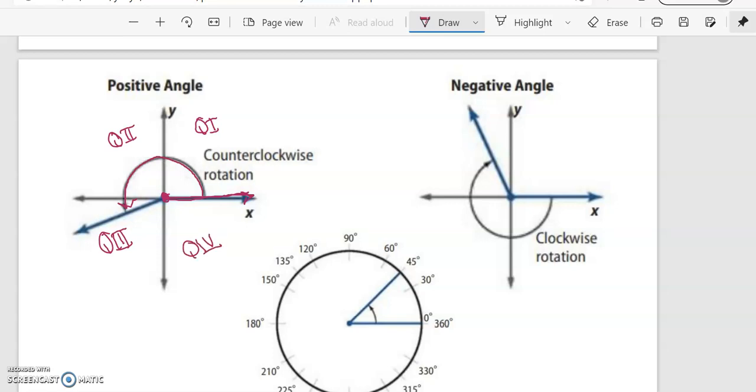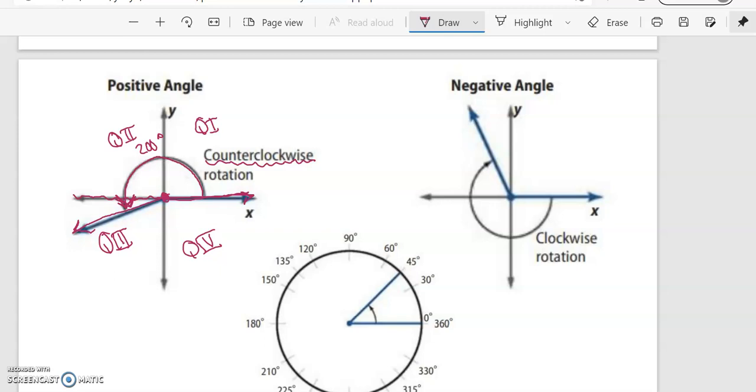Naturally, your coordinate plane works in a counterclockwise manner, and that is the positive direction for any angle. So this would be a positive measure of maybe about 200 degrees, let's say, because we know that a line, and we're going to talk about this in a second, is 180. So this is maybe 200 degrees.